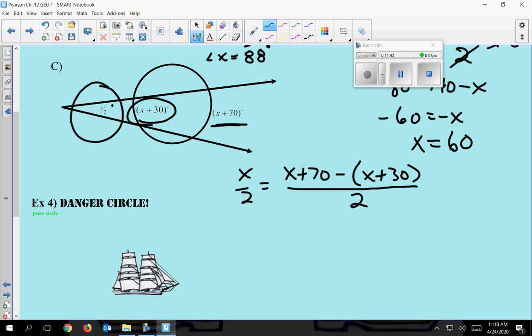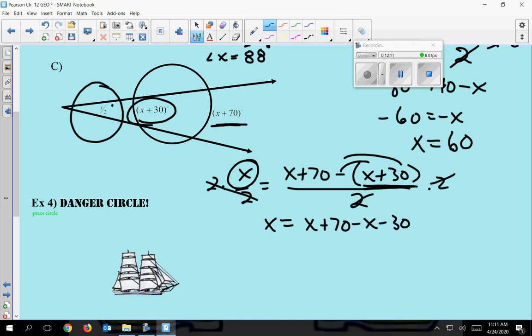Okay. All right, so right off the bat, I just want to get rid of the fractions. Luckily the denominators are the same, so I multiply and they just go away. And I get x equals, so I had x left on the top here. Now remember, if I'm subtracting this quantity, I've got to distribute the negative sign. So I get x plus 70 minus x minus 30, okay?